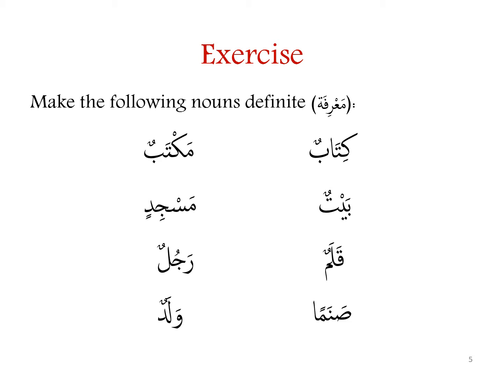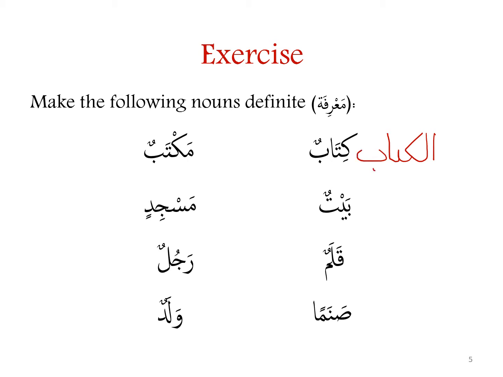So the answers to this exercise here, we'll start with kitabun, meaning a book. To make this nakira word into ma'rifah, first of all we add the alif lam, so al, and then kitab.